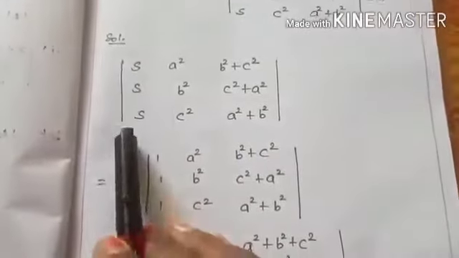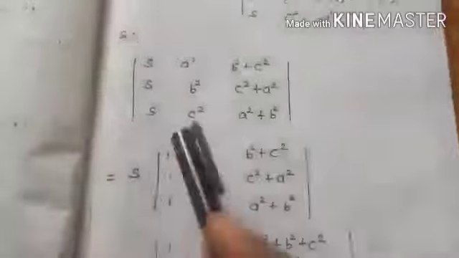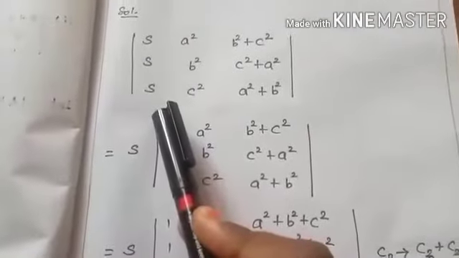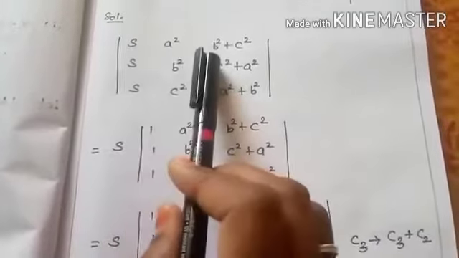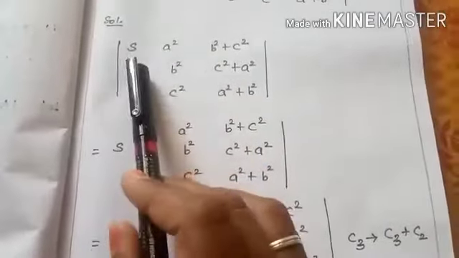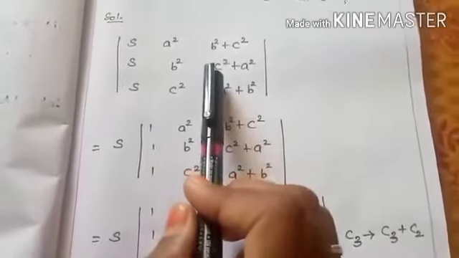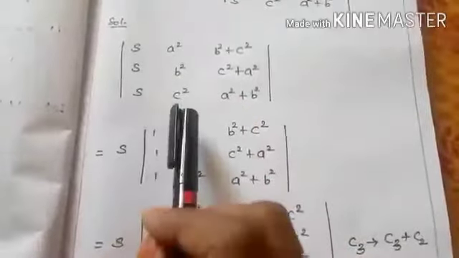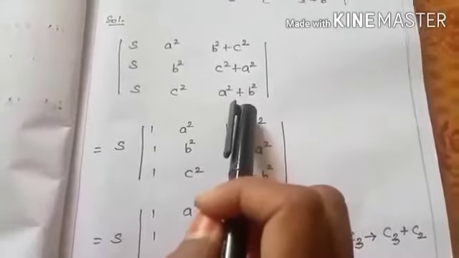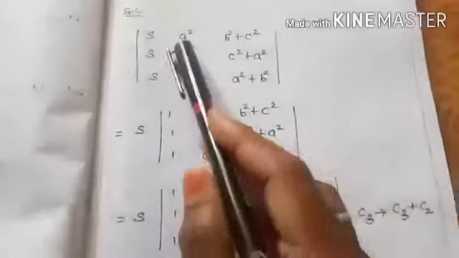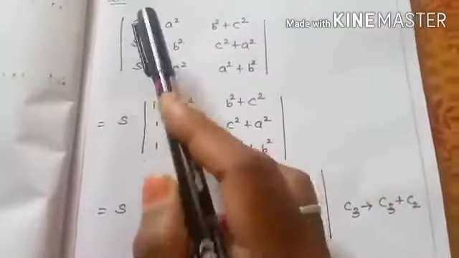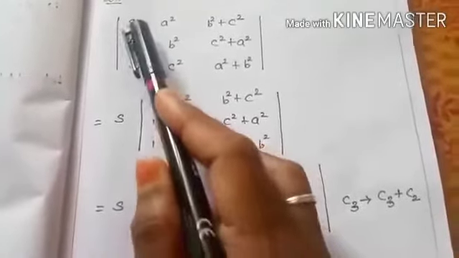Solution. Let us consider the given determinant. The given determinant is the determinant of [s, a squared, b squared plus c squared; s, b squared, c squared plus a squared; s, c squared, a squared plus b squared]. In this determinant, the first column, all the elements are the same.